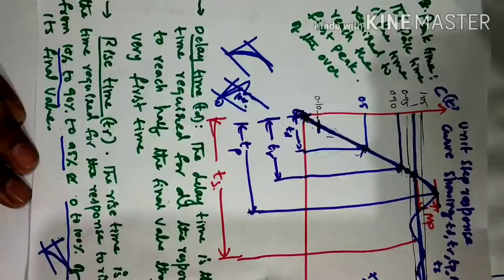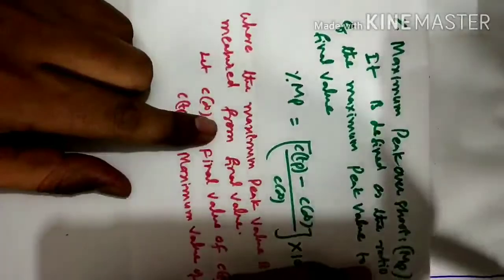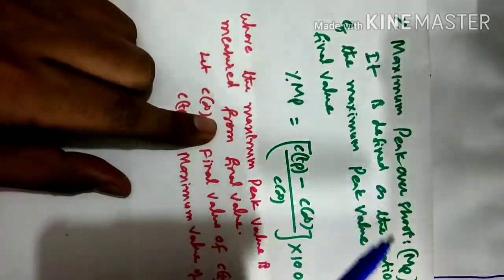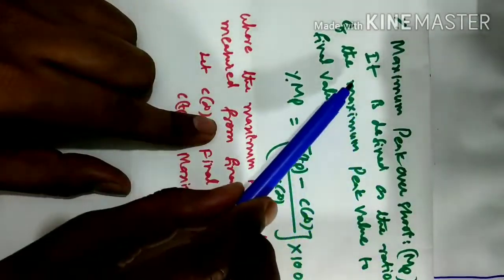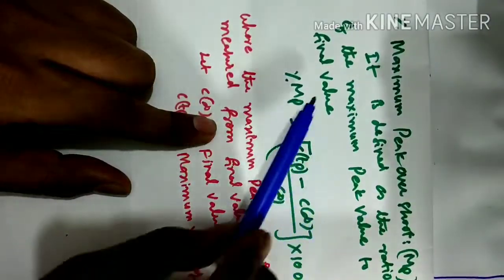Next is the maximum peak overshoot. It is defined as the ratio of the maximum peak value to the final value.